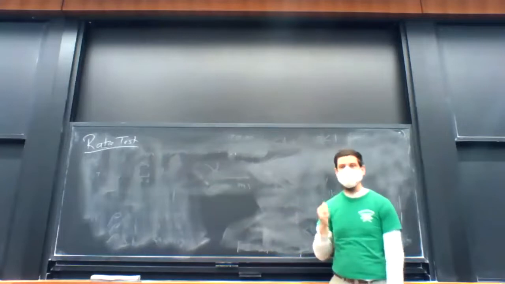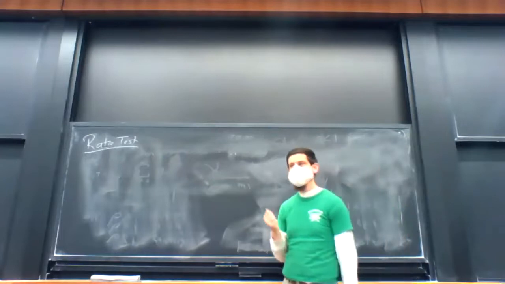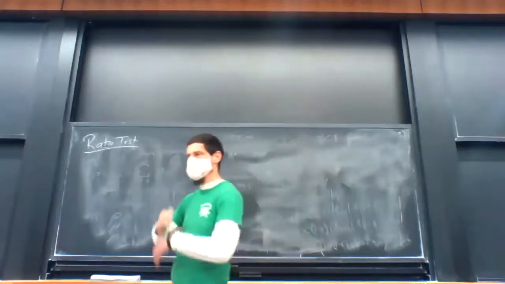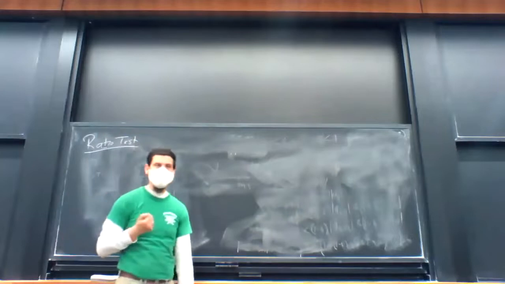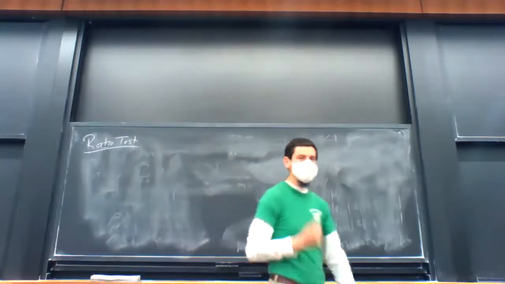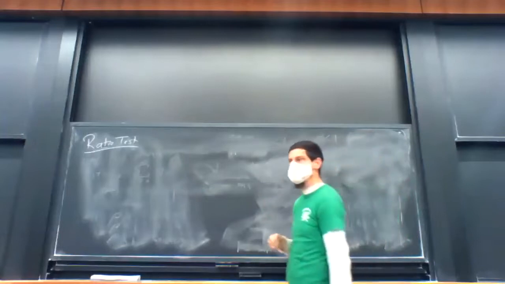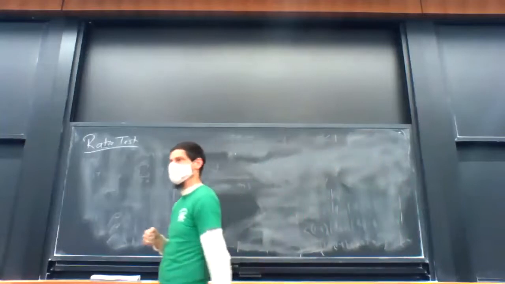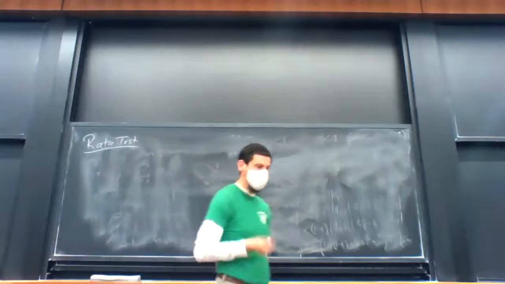The ratio and the root tests are comparing things to a geometric series, a geometric series with ratio rho, where rho is the limit of some process. And what's nice about the ratio and the root tests is they calculate that limit for you and they say, use this comparison. They're telling you what sequence to use for the comparison test. So it's a little bit restrictive, but it does a lot of the calculations under the hood.